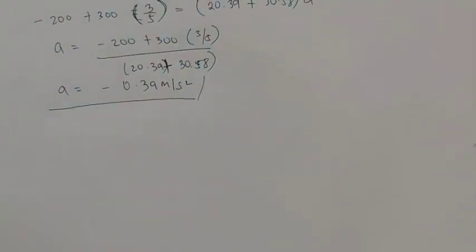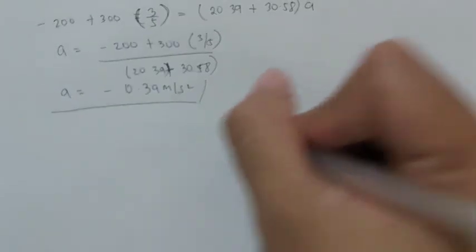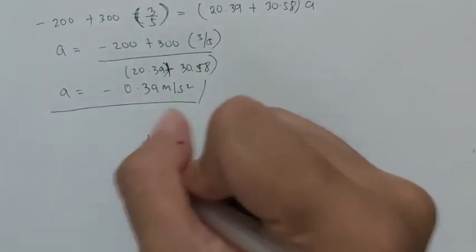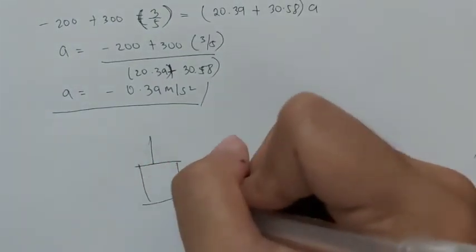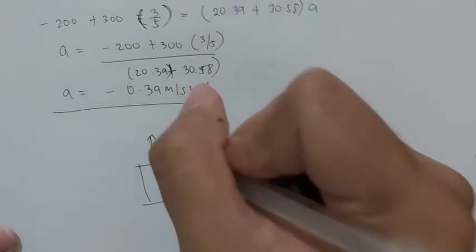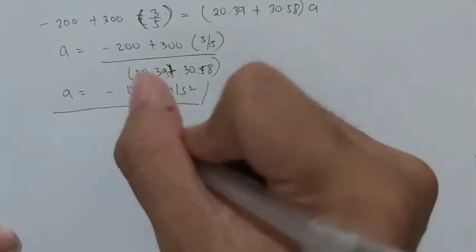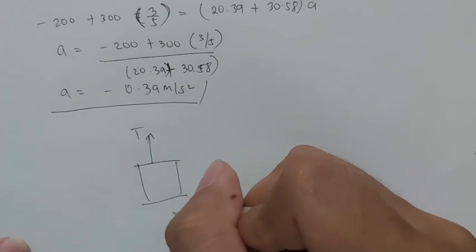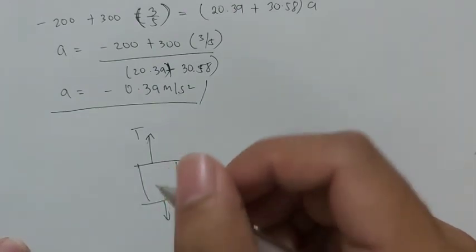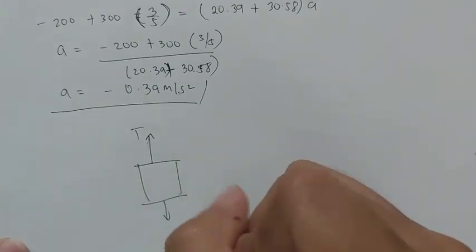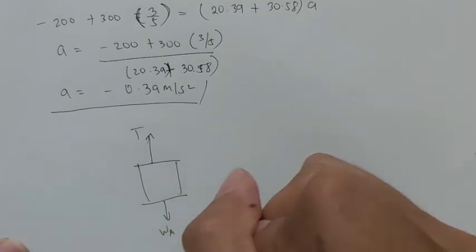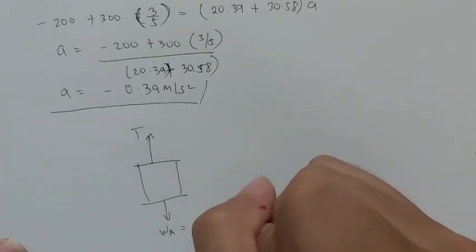Okay, so now for the tension. So ito yung diagram natin. For tension, we have T, tension, then yung sa block A natin, we have the weight A, which is 200.